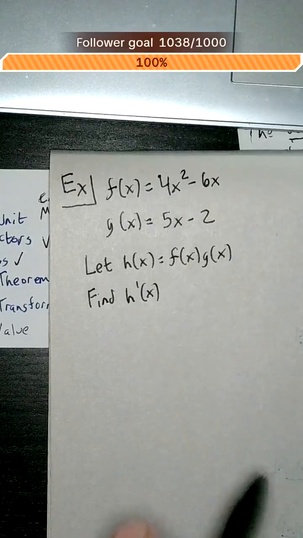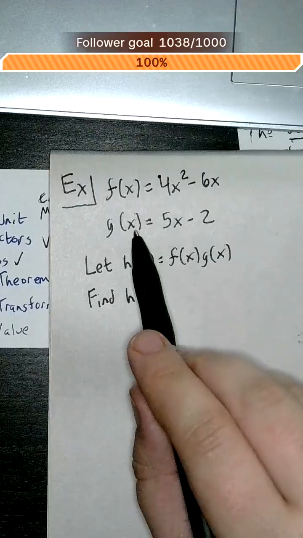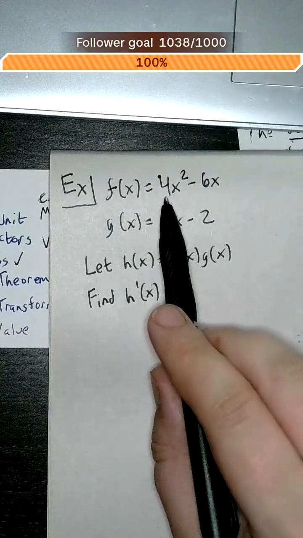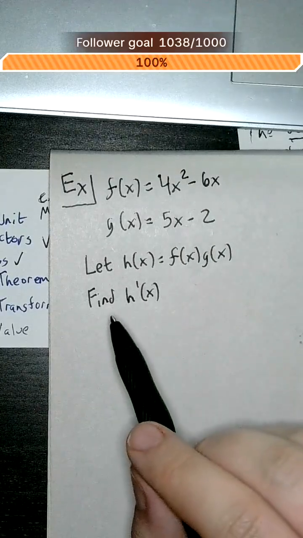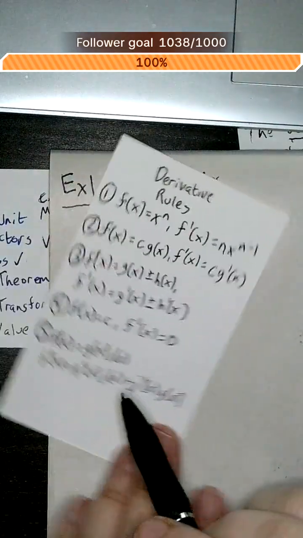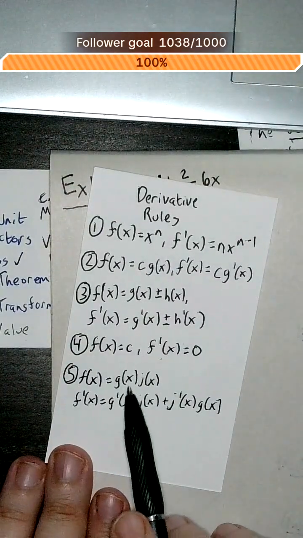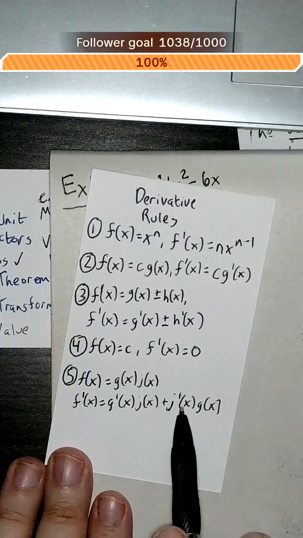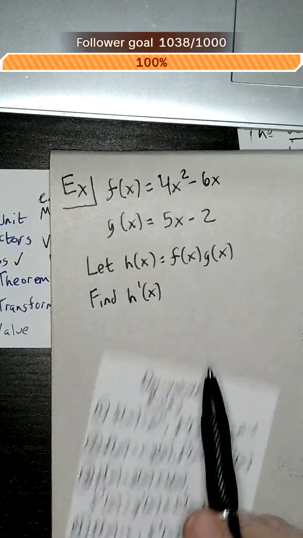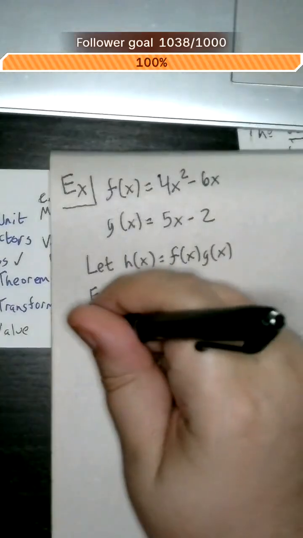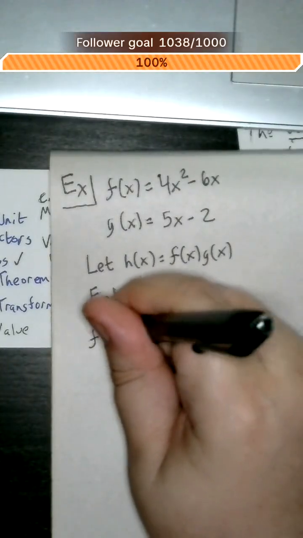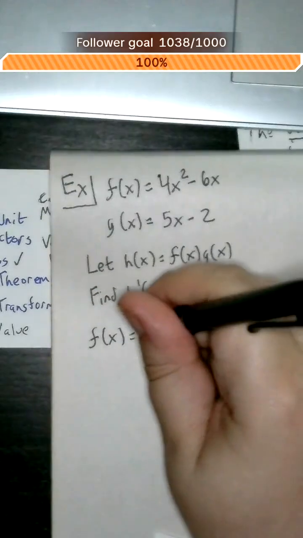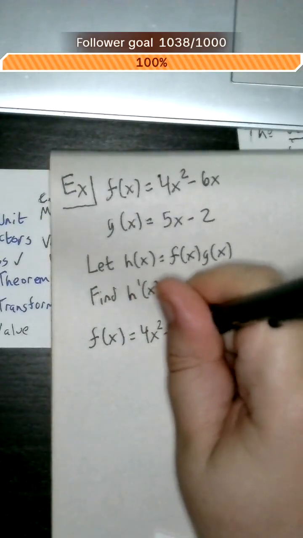So what I'm going to do is I have my f and my g of x. So in order to do product rule, remember, I need to find not only the original functions, but their derivatives so I can plug them in here. So here's what I'm going to do. I'm going to put f of x here. That was 4x squared minus 6x.